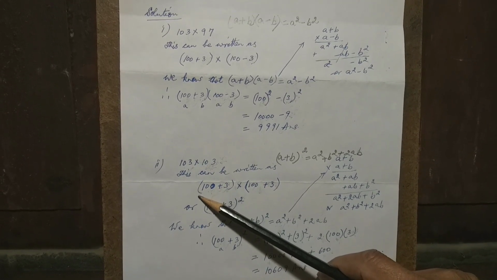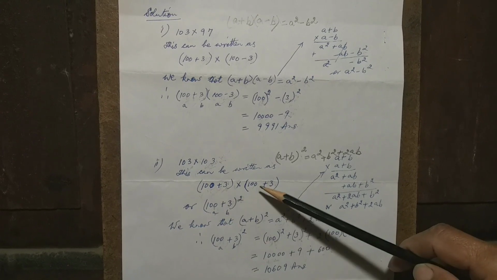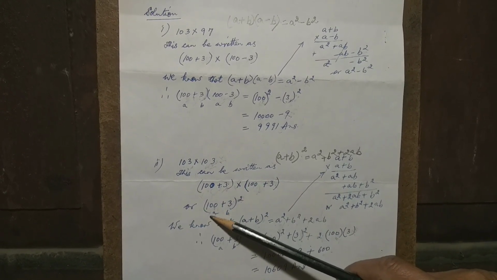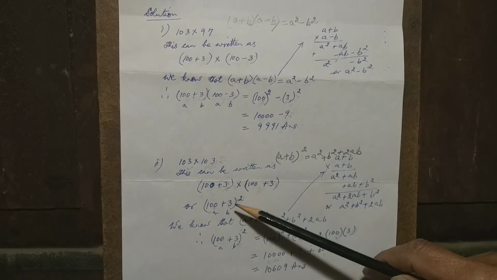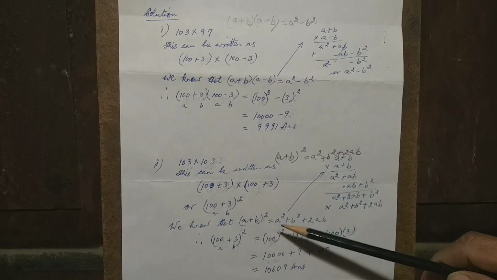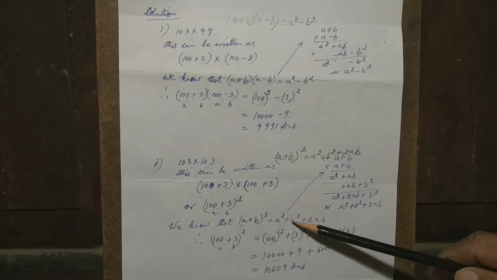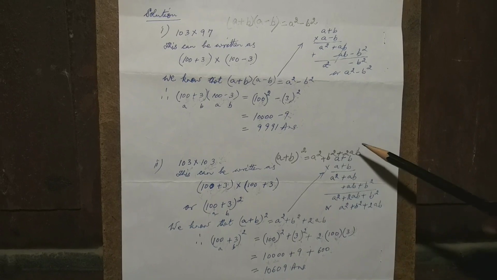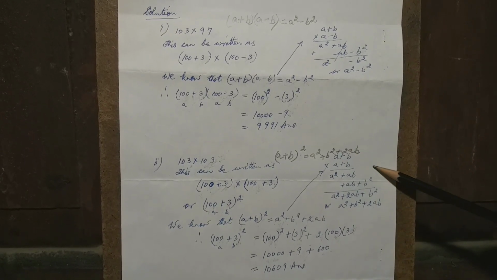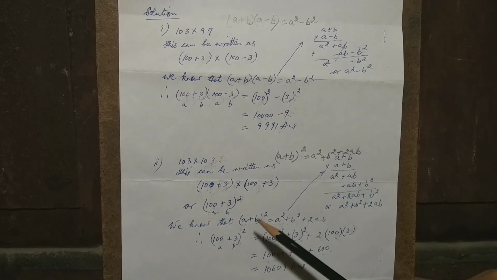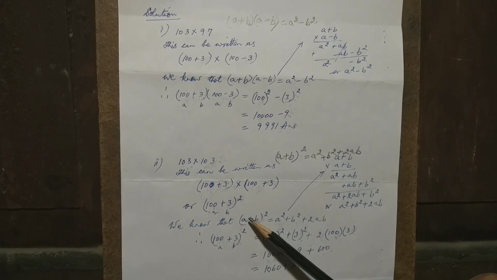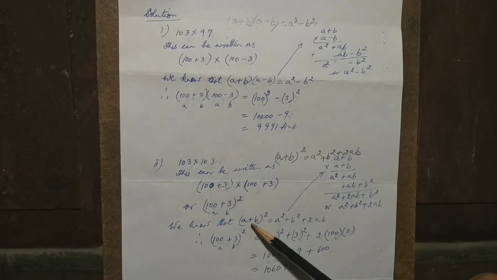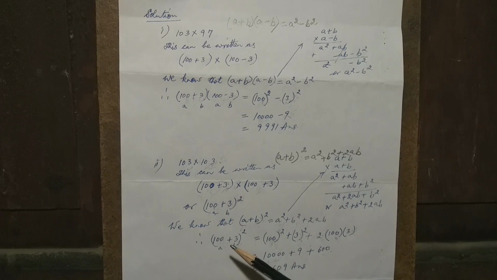So 100 plus 3 into 100 plus 3 is 100 plus 3 whole square. Now we know that a plus b whole square is equal to a square plus b square plus 2ab. The actual multiplication is done here. Now all that we have to do is to use this to solve the given identity.